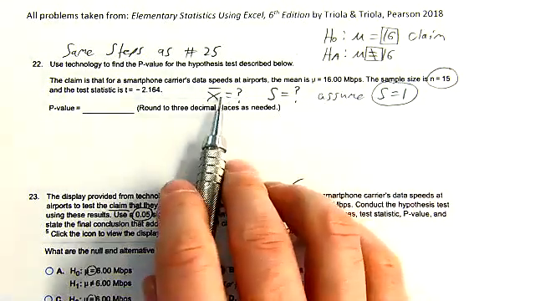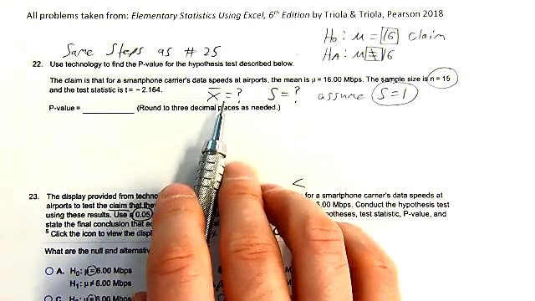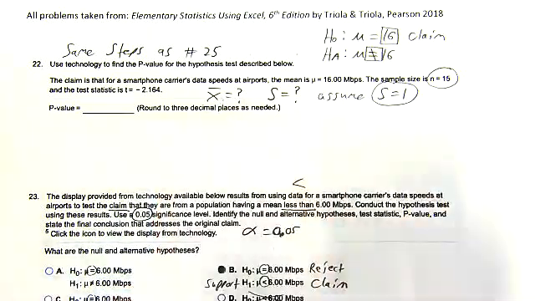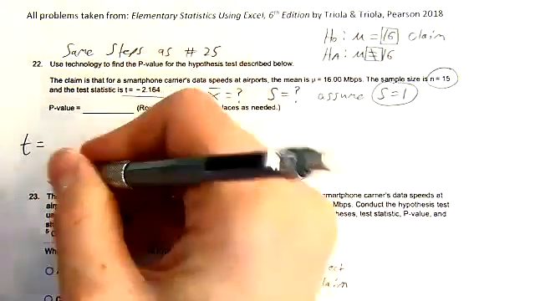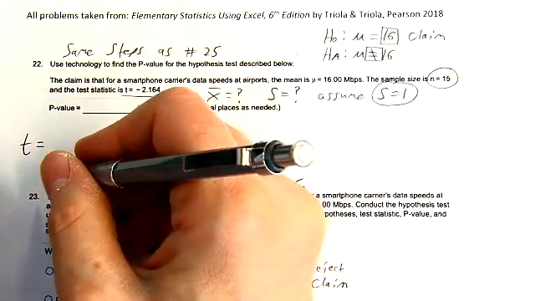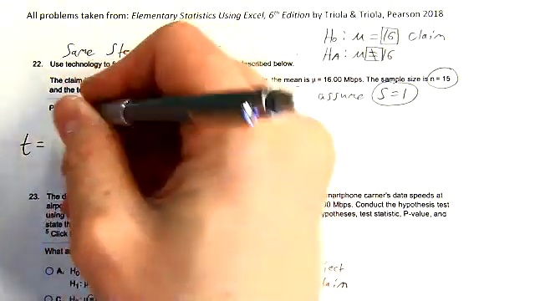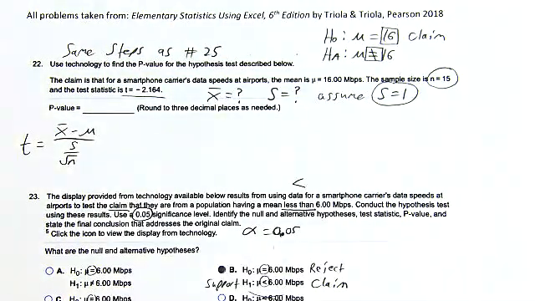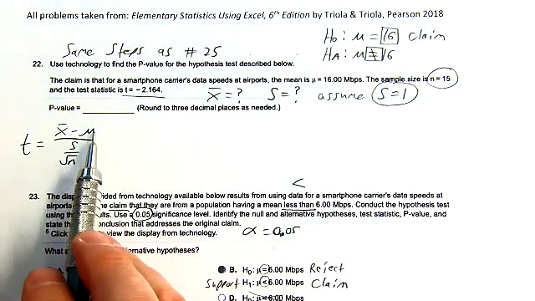But that leaves X bar. So here's how you get X bar. This T statistic, which they gave us, is equal to X bar minus mu over S divided by the square root of N. We know mu, 16.